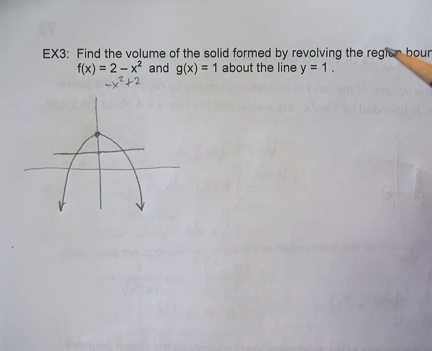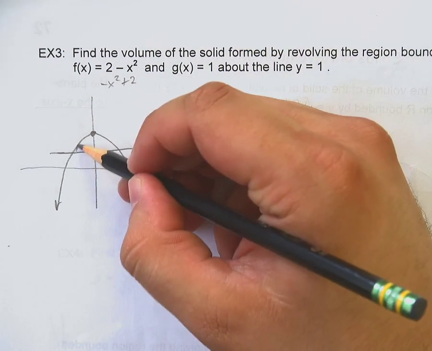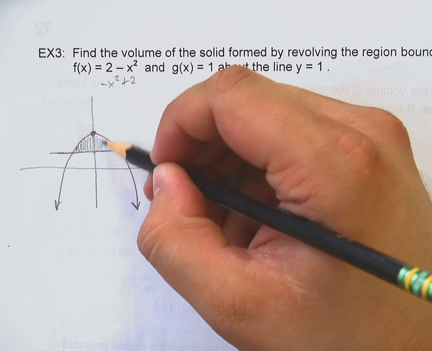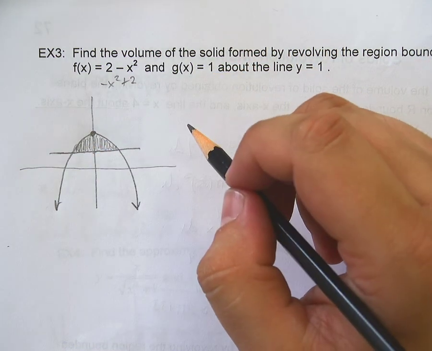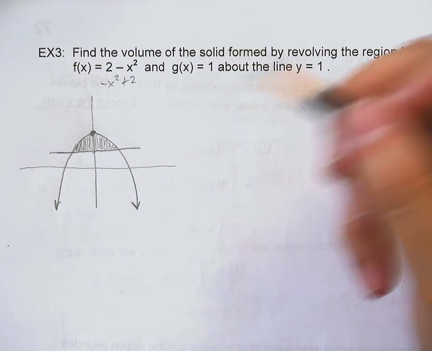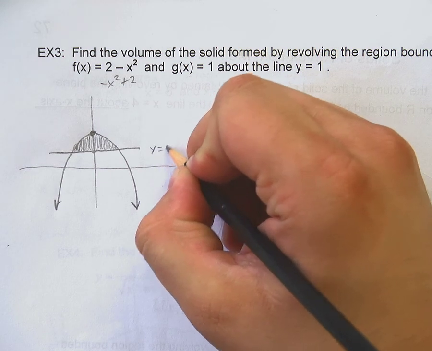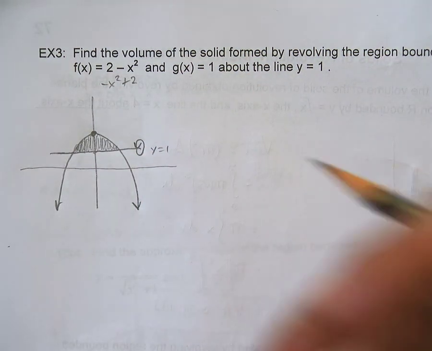Bounded by these two graphs, so here's my region. Right? And I am rotating that around the line y equals 1. Well, that's actually right here. So this one's kind of rotating up there in space.